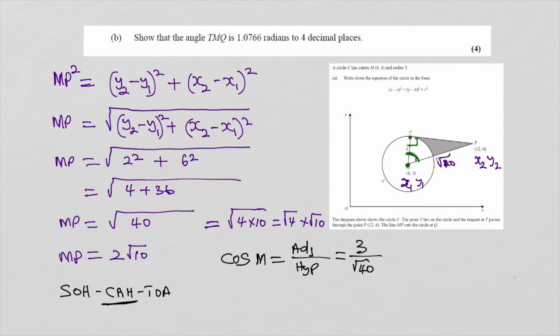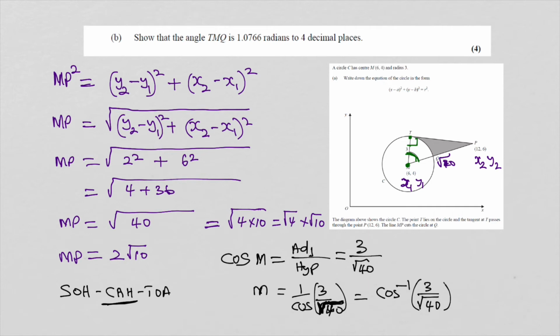In order to find M, we take the inverse cos, so that will be cos to the power minus 1 of 3 over root 40.